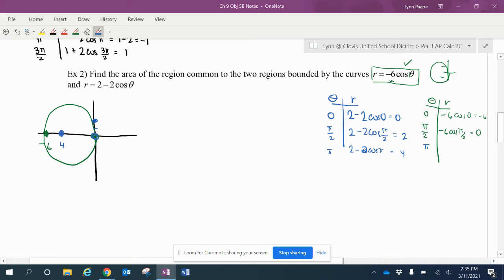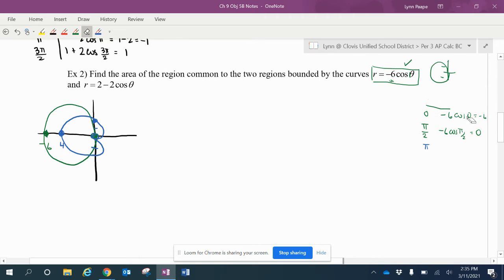And so then I have a graph that does that, and then I know because of symmetry, or you can substitute in the other points, I would get a graph that looks like this. Okay, so I'm going to need some space here, so let me erase this. If you don't know your graphs, you're just going to substitute in your values. And so this is my circle, and this is what we would call a cardioid.